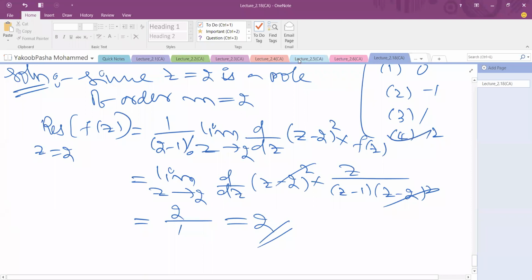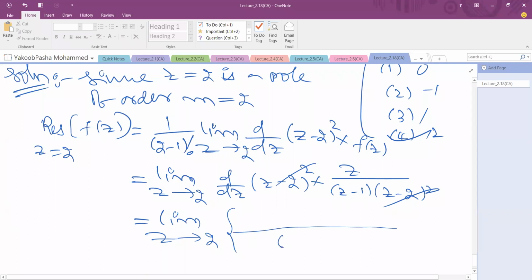Option 4 is the right option. Option 2, and d by dz is there. Sir, differentiation should be done, right sir? Option 3, sir. Therefore, the derivative is there. So we need to differentiate one time by using u by v formula. So limit z tends to 2, numerator denominator is u by v formula here: z minus 1 whole square of z minus 1 into 1 minus z into 1.